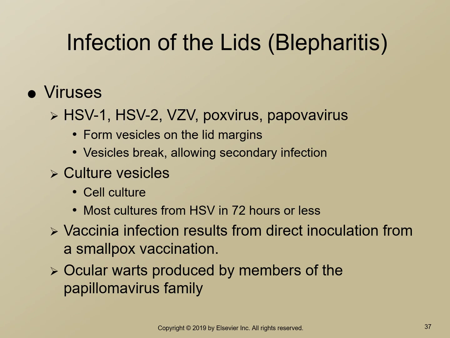To diagnose this type of viral infection, cell culture can be done, and most cultures from herpes simplex virus can be reported in 72 hours or less. Vaccinia infection results from direct inoculation from a smallpox vaccination, and then ocular warts are produced by members of the papillomavirus family.